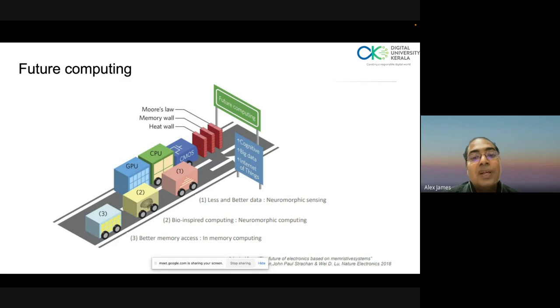exponentially different. Another issue you see is the memory wall, another is a heat wall. Both of them basically limit the speed and the functionality of the GPUs and CPUs that are there. On the other hand, what we really need is big data processing, IoT.